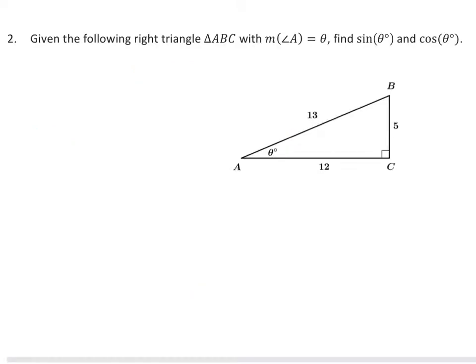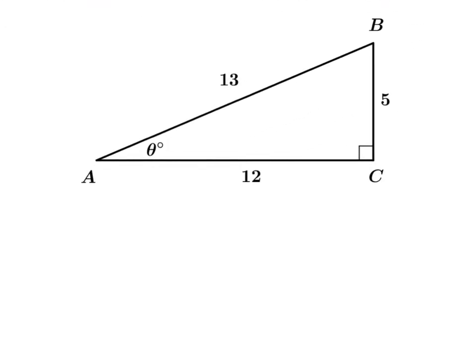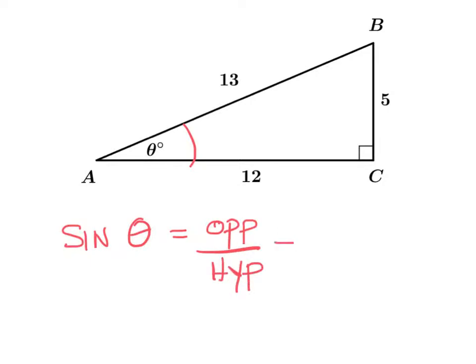Other things that you have to remember from geometry are how to find sine and cosine given certain items on a triangle. And in this one, it wants you to find sine and cosine. All right, so you have sine theta. We know that sine is going to be opposite over hypotenuse. And the opposite here is 5.